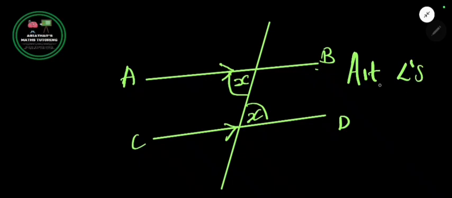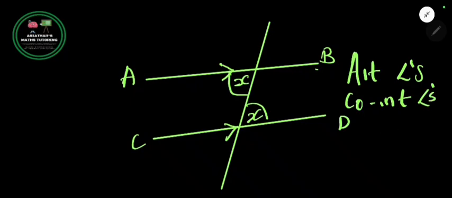and then we also have what we call co-interior angles. Whenever I talk about co-interior, I'm sorry about that, I don't know why it doesn't want to write co-interior angles.